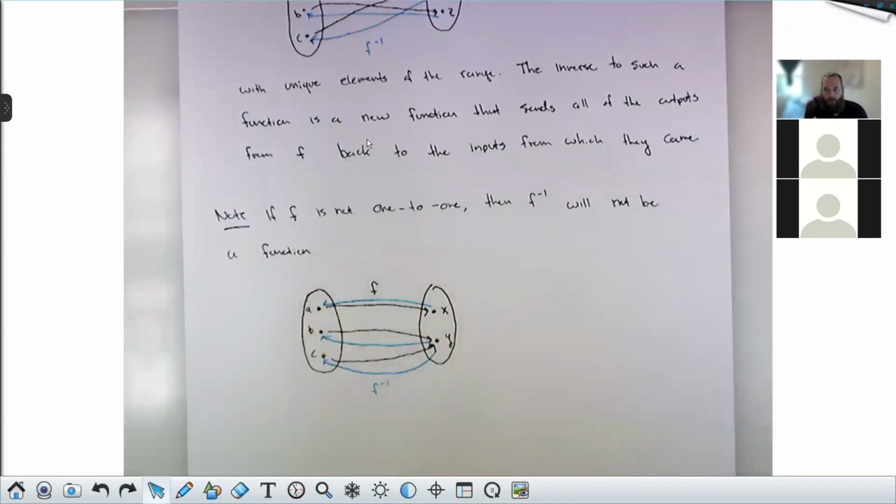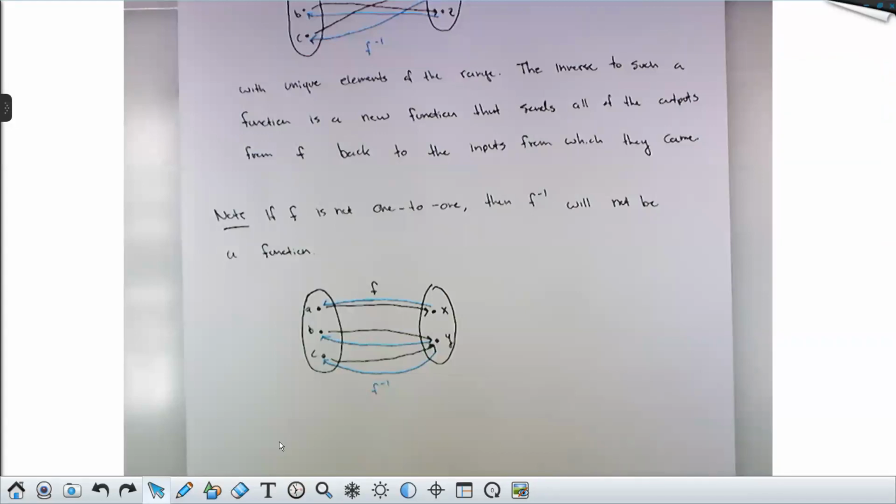So the outputs for f are the inputs for f inverse. The black arrows here do represent a function. The blue arrows here do not. Why do the blue arrows here not represent a function? Because y is going to both B and C. Perfect.